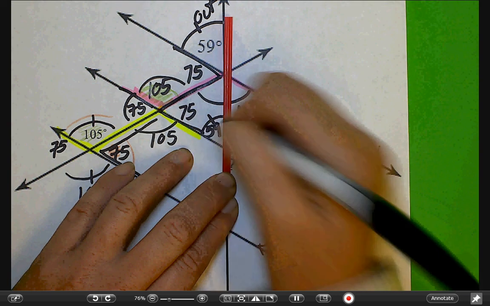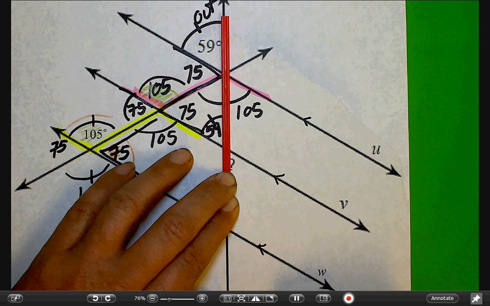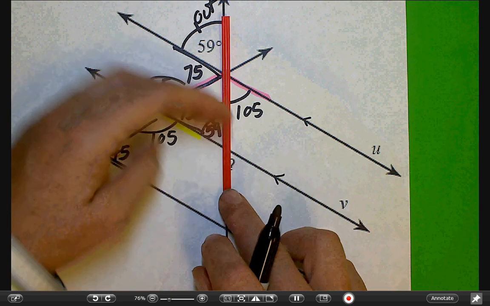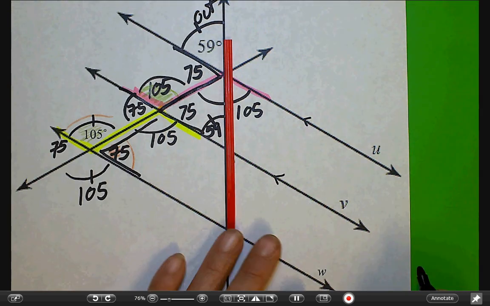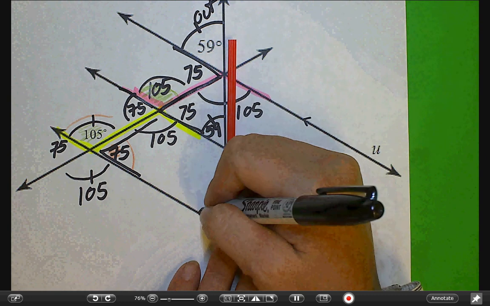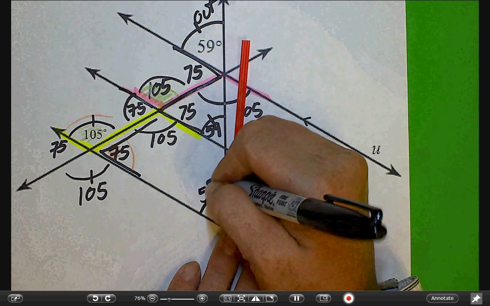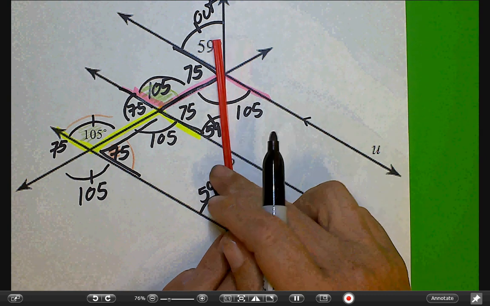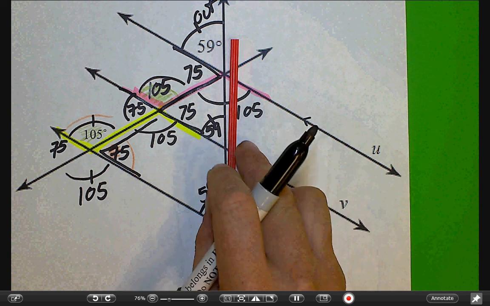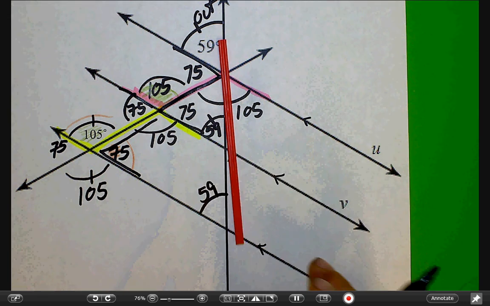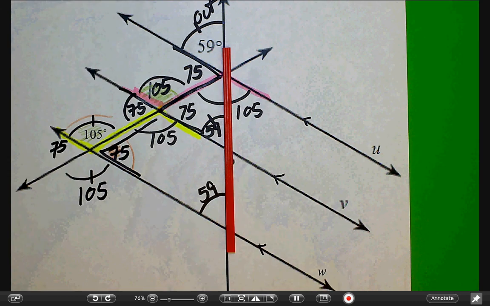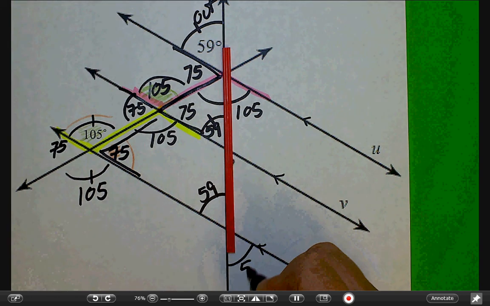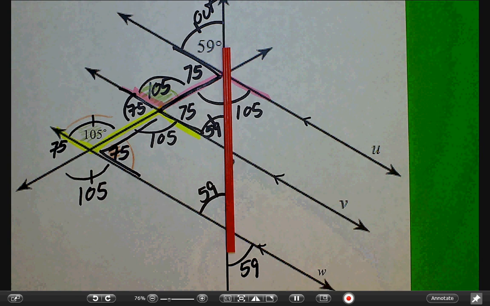That means that is 59. And if they're parallel, we can walk it down here. This is also corresponding. That's also going to be 59. Vertical angles, that's going to be 59.